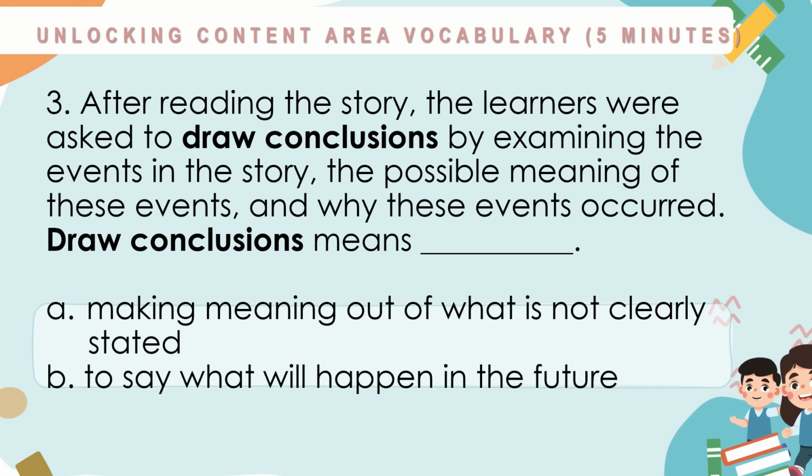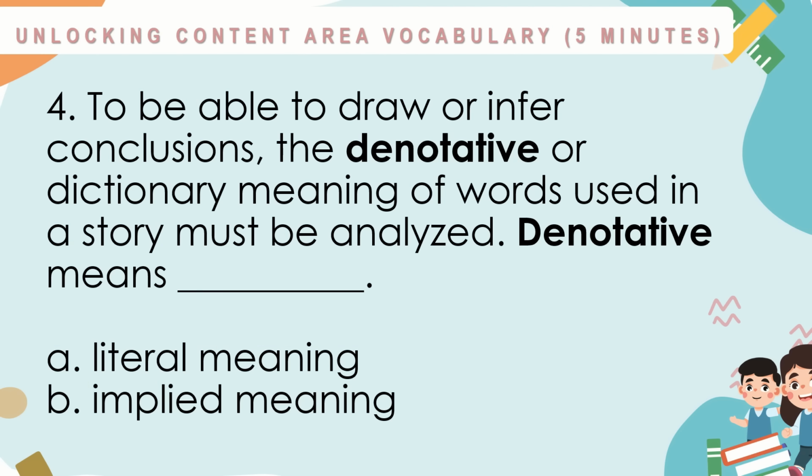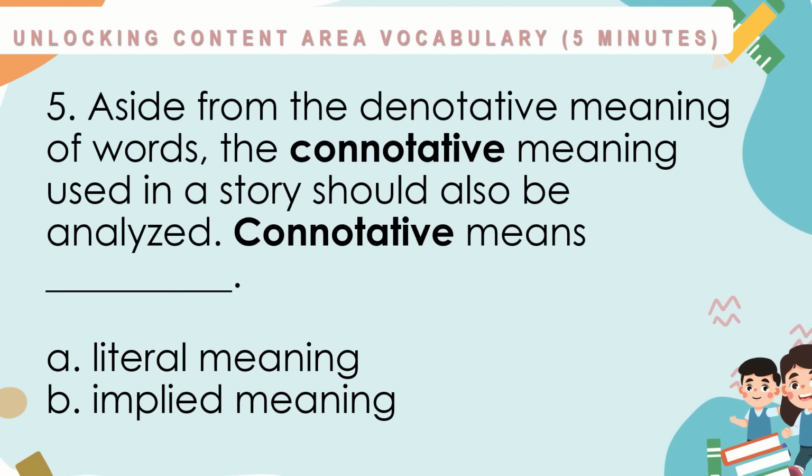Next, for number 3, the answer is letter A, making meaning out of what is not clearly stated. For number 4, the correct answer is letter A, literal meaning. For number 5, it's letter B, implied meaning.